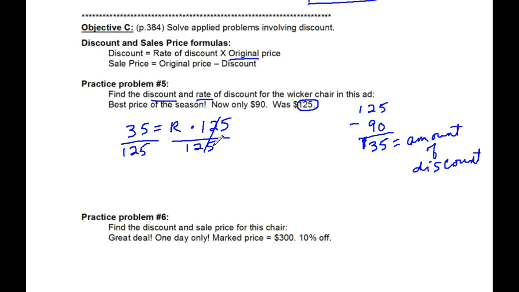So dividing off of the right, we just get the rate. And we take our calculator, 35 divided by 125. You should get 0.28. Written as a percent is 28%. And that's the rate of discount that she had.